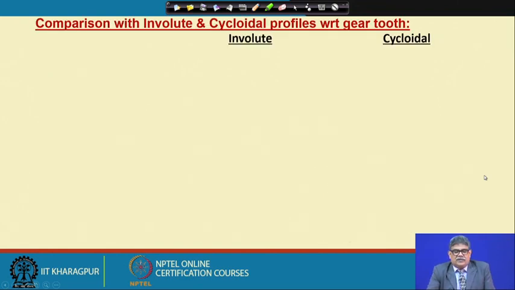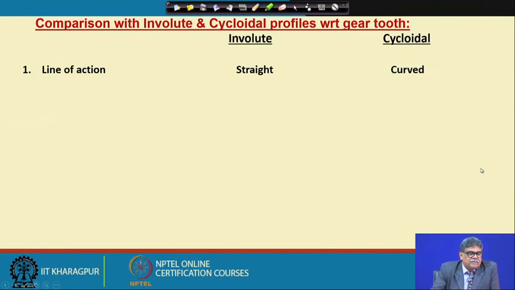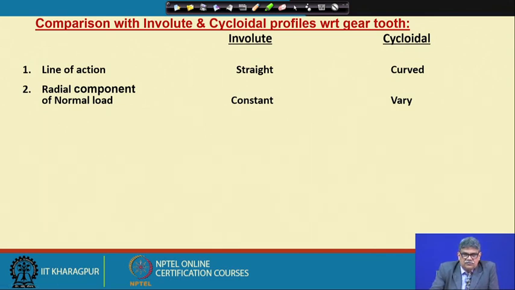Now, if we compare the tooth profiles of involute and cycloidal, we find that the line of action is straight in case of involute, whereas in cycloidal it is curved. If we consider the normal load, that will definitely act through the line of action.